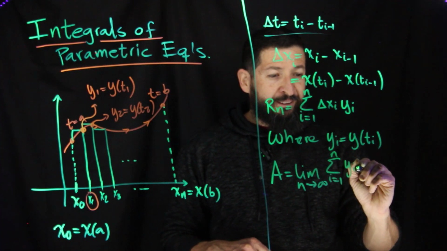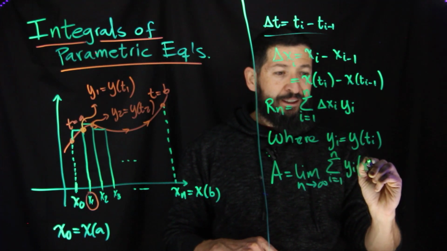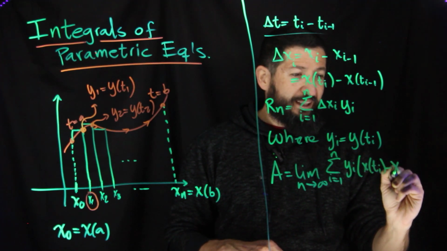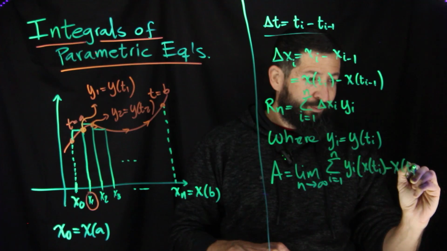I'm going to write it as x of ti minus x at ti minus 1.